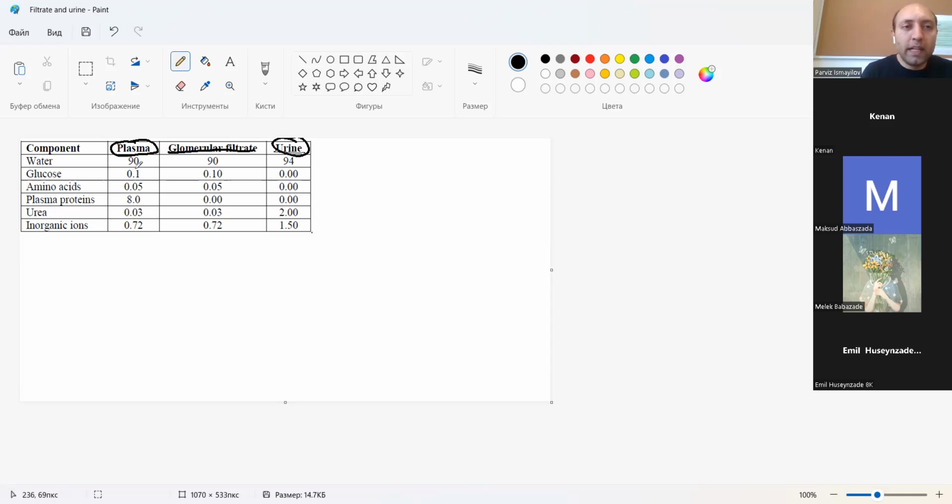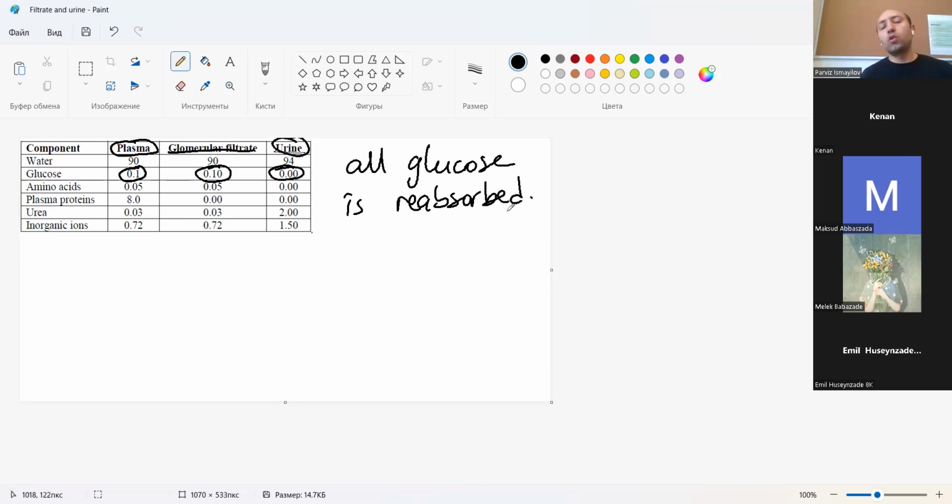Glucose. As you see, there's no difference between plasma and glomerular filtrate. But in healthy urine, there's no glucose, which means that all glucose is reabsorbed. It means that glucose passes back to the blood.